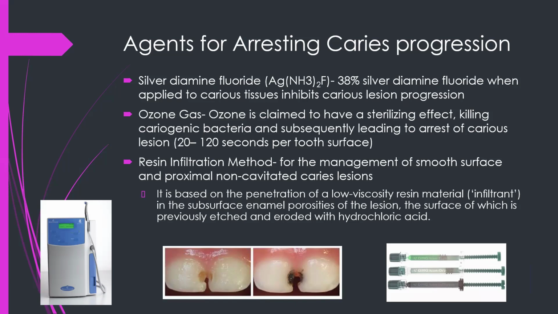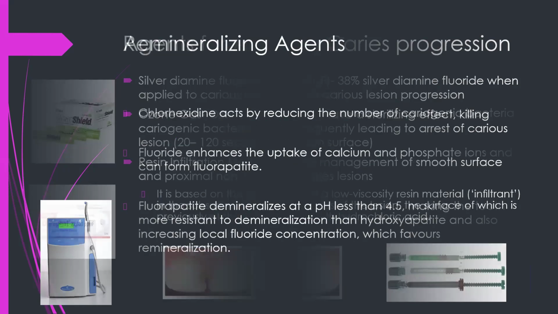What happens is you first etch the tooth with hydrochloric acid, and then after rinsing and drying, you will use a low viscosity resin material, which is known as the infiltrant, and then this will penetrate into these microporosities which have been created with this hydrochloric acid and fill up all these pores. And then when you are curing it, it will create an impenetrable barrier. So this does not require any cavity preparation.